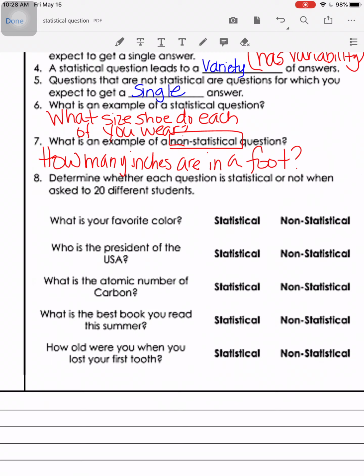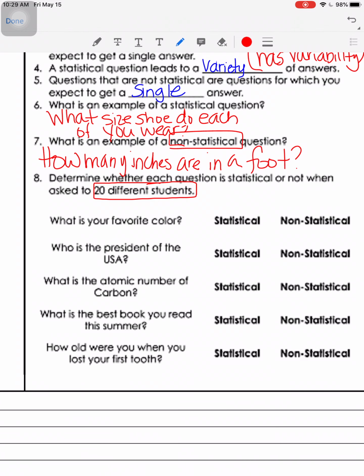Number 8 wants us to determine whether each question is statistical or not, when asked to 20 different students. To get as much variability as you possibly can, you will want to ask a variety of people. You will want to ask a specific number of people or a certain bunch of people, not just one or two people.